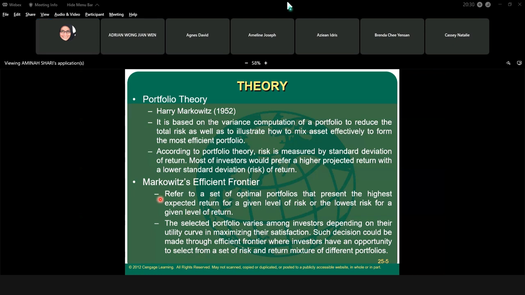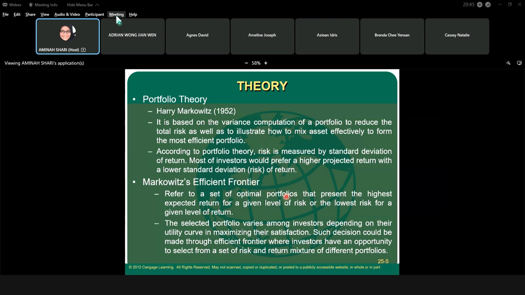And then we have the Markowitz efficient frontier. If you still remember, we have a graph that shows a point which is considered the efficient frontier.